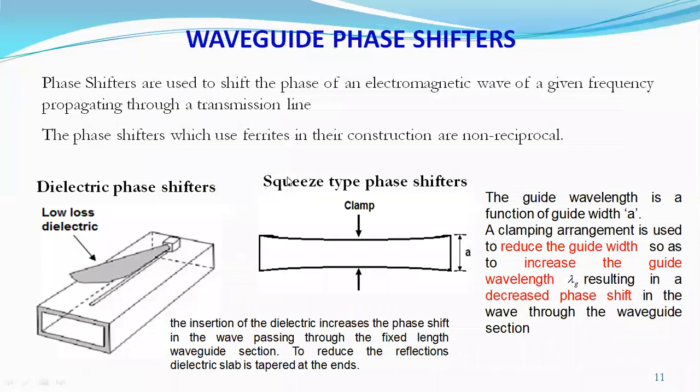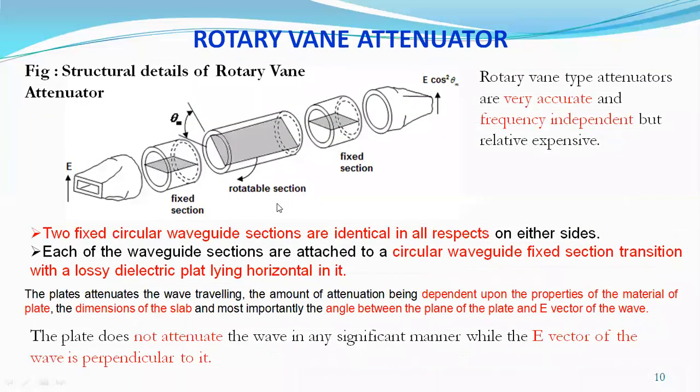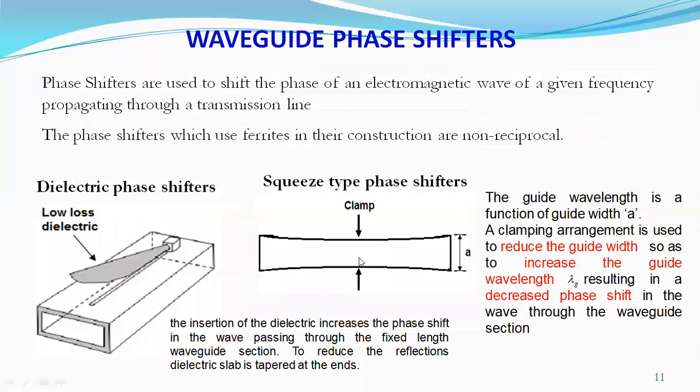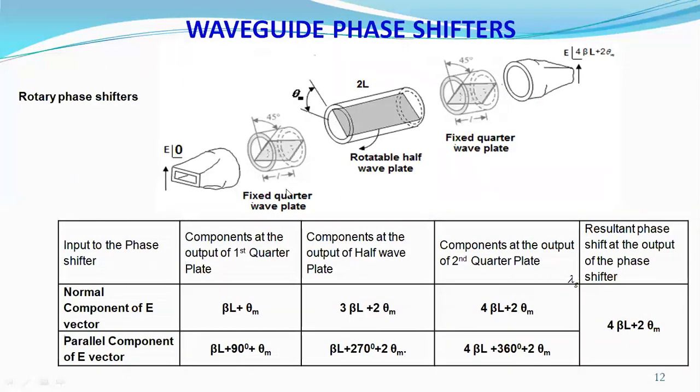If you can remember one thing, the same arrangement can be used as an attenuator as well as a phase shifter. For attenuators, it depends upon the electric field lines of the signal; based on the angle, there is an attenuation here. And based on the angle, there is a phase shift.